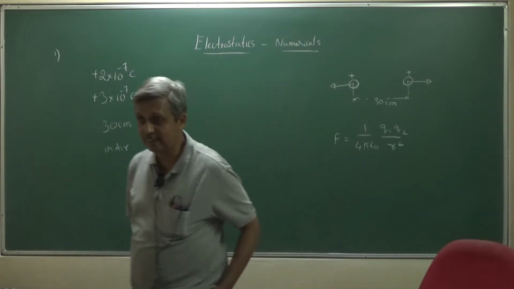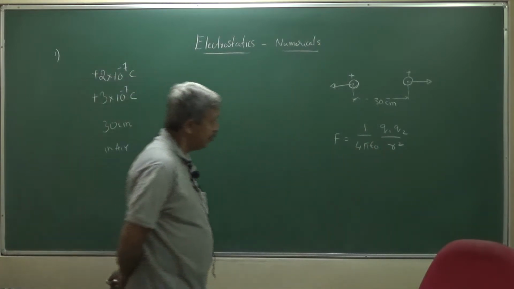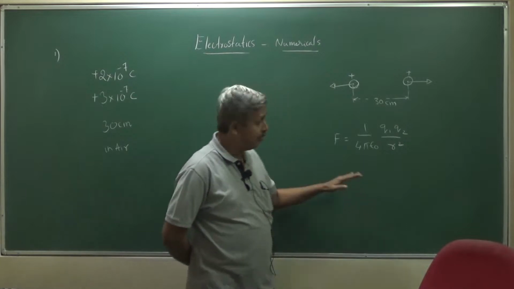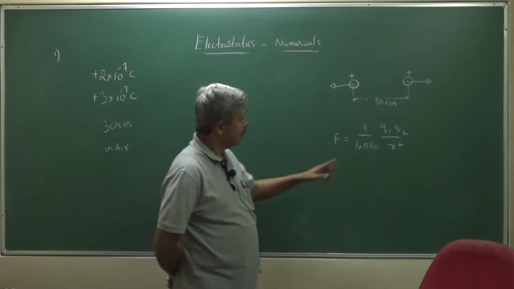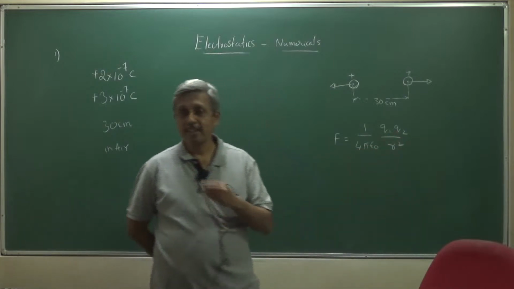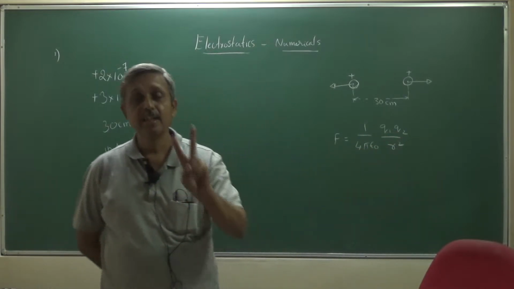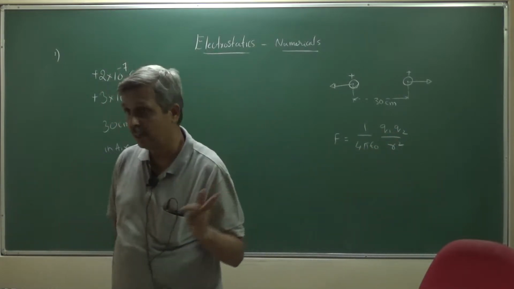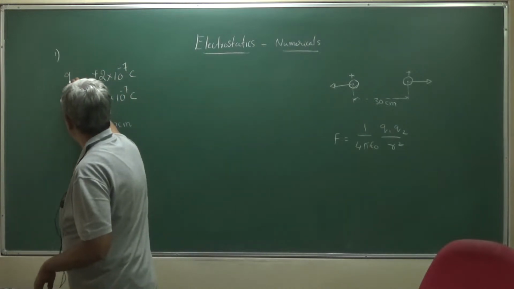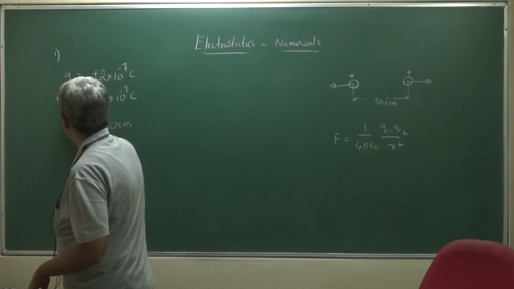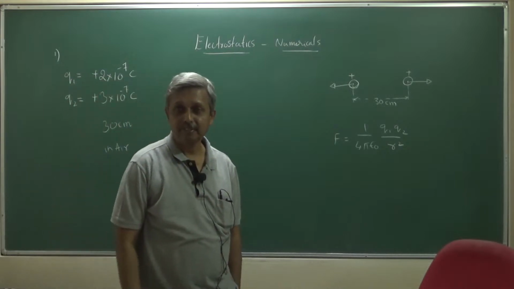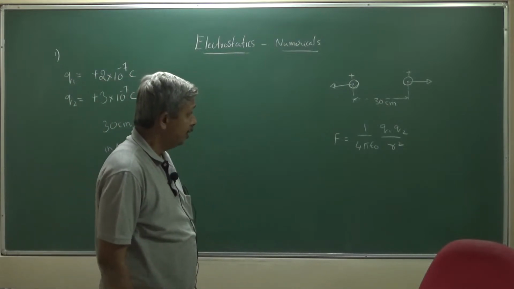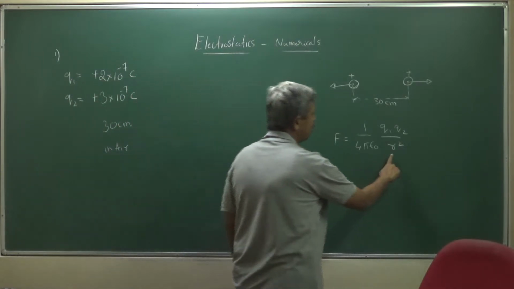When you write the formula, you see whether those values are all there. In this case, Q1 and Q2 are nothing but the charges. There are two charges, and those two charge values are given. This one is Q1 and this one is Q2. Now, what is R?